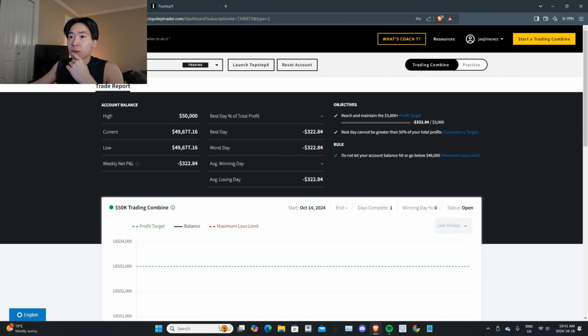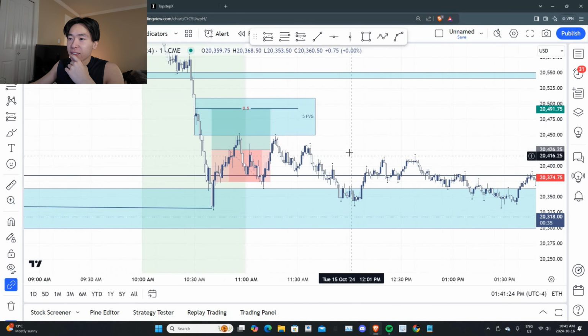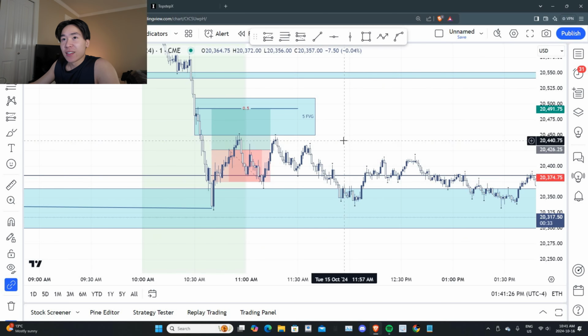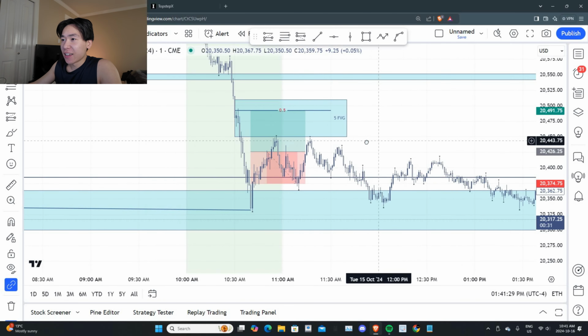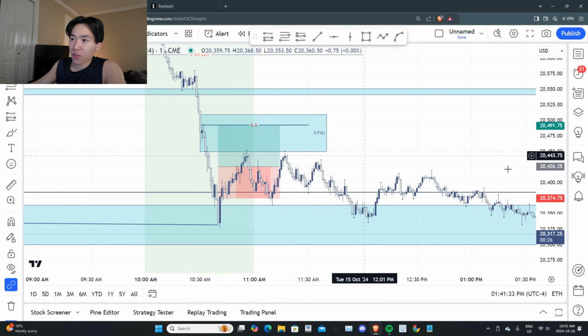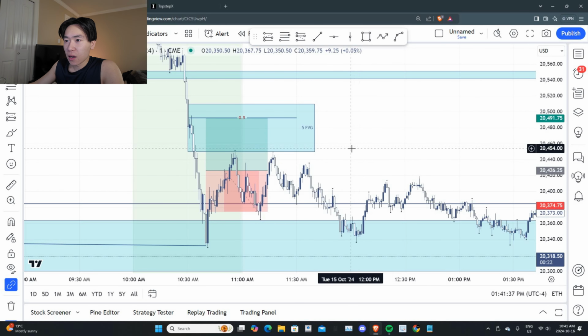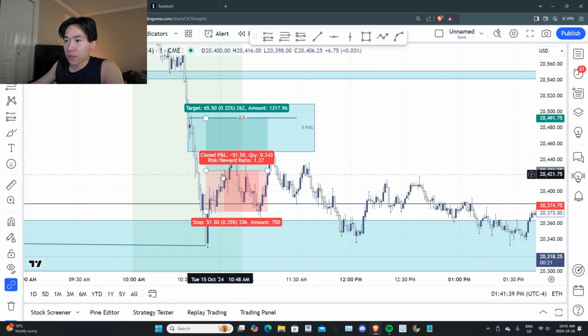Sorry, let me take a look. And then I believe I re-entered again. I guess this was just left on my chart. I guess it was this trade right here. I don't think there was actually a real reason for an entry. I just took it.